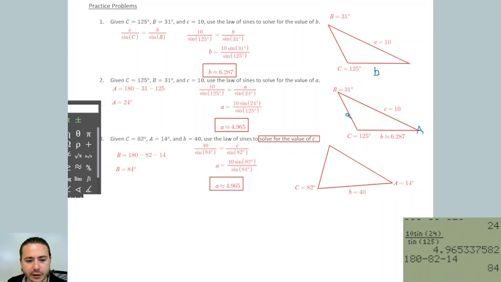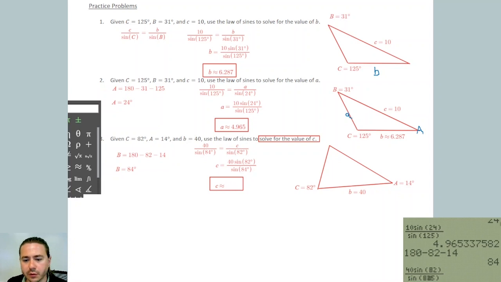Go to the calculator, make sure this is C. So 40 times the sine of 82 divided by the sine of 84. Okay, so we get about 39.82, and that'll round up to 40.